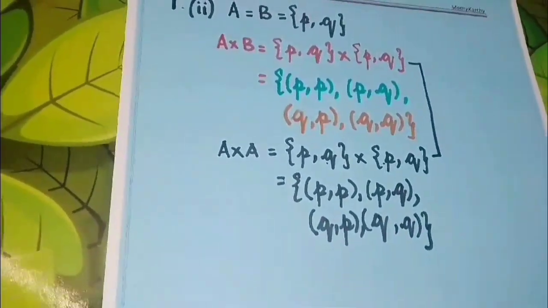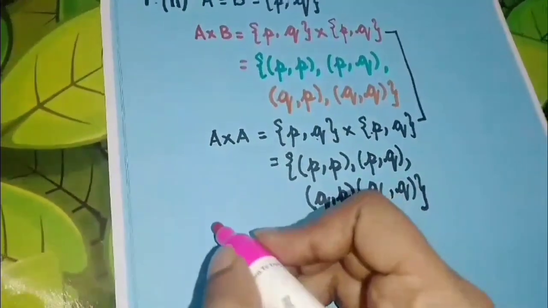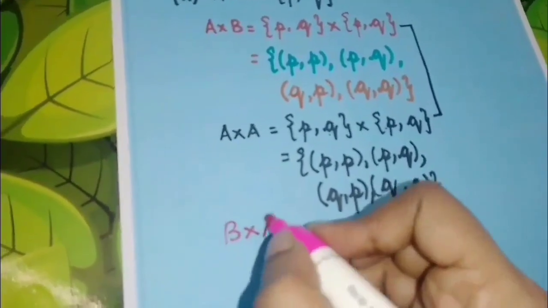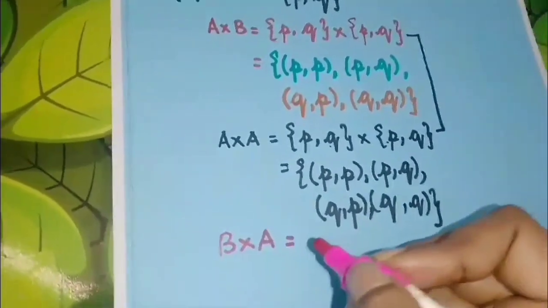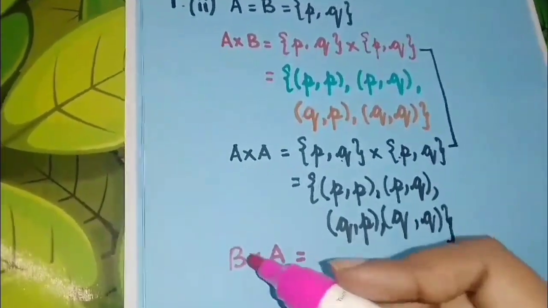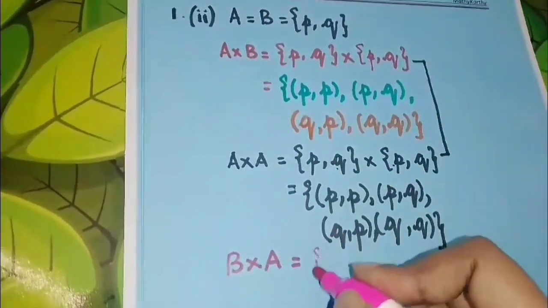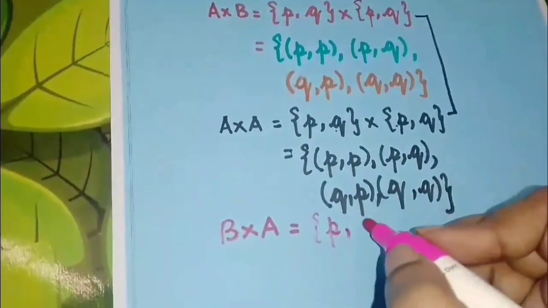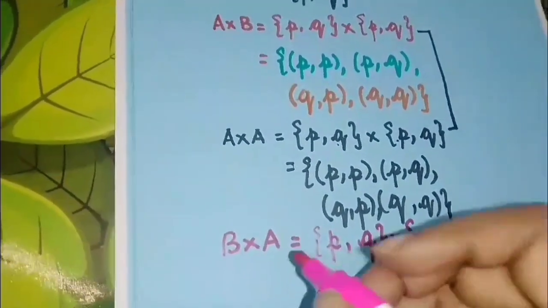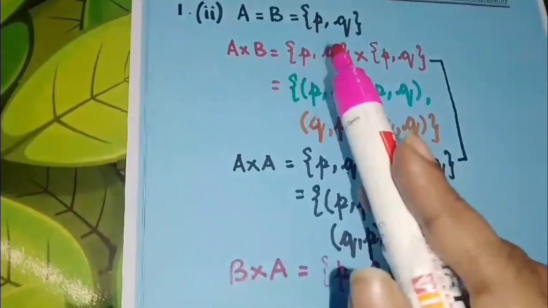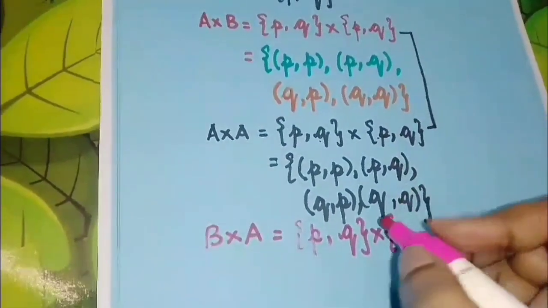Now at last we are asked to find B cross A. So obviously we'll be getting the same answer, but let us show it. Now what's the set B? B is the set which contains the elements P comma Q. So we are going to cross it with the set A. The set A is the set which contains the elements P and Q again.